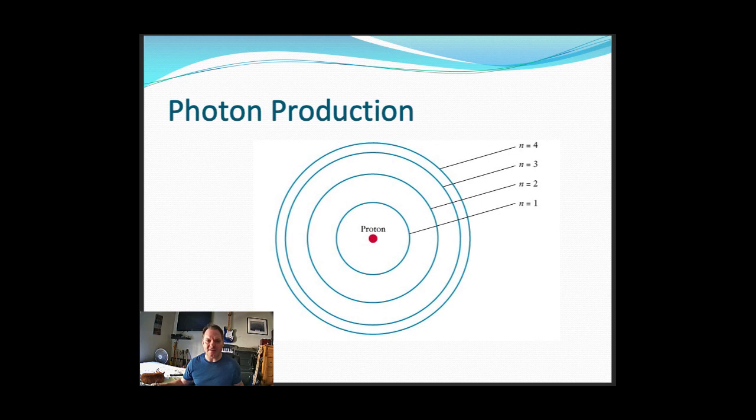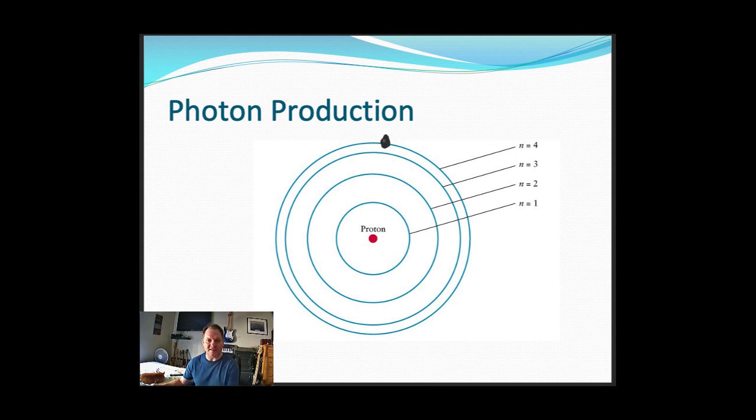What are our possible scenarios here? Well, let's pretend we have a hydrogen with a single electron, and we live in a world where there's only four different energy levels, four principal energy levels. What are the possible motions for this electron going from an excited state to a less excited state or ground state? Well, let's kick this electron up into the fourth energy level.